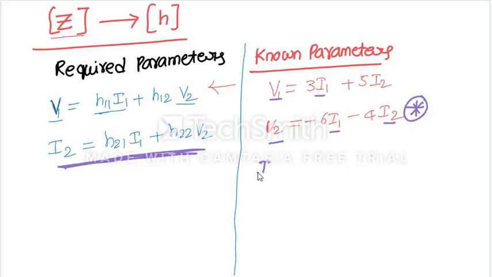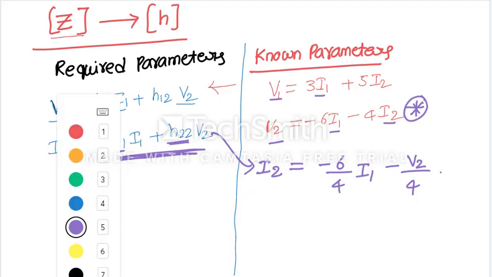So I2 is equal to minus 6 by 4 into I1 minus V2 by 4. Check it now. I can compare this equation with this, so from this I can write h21 and h22.